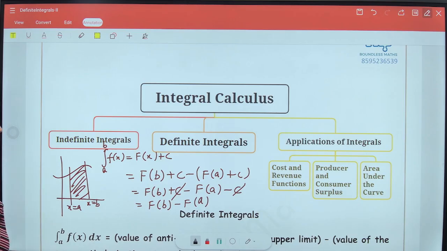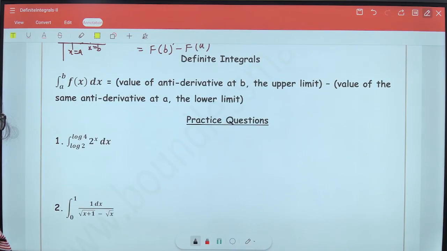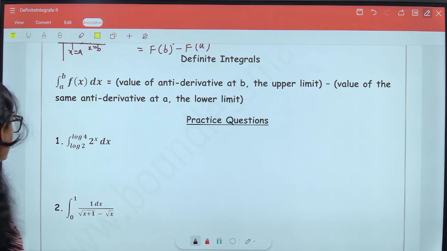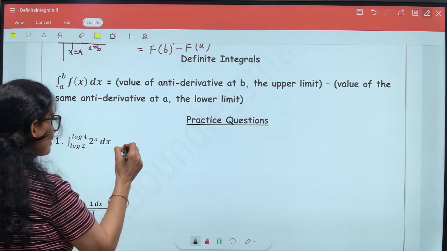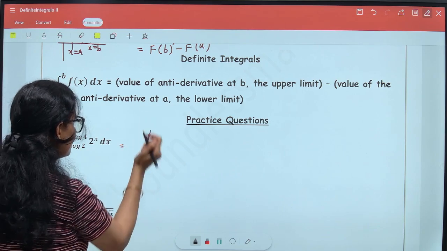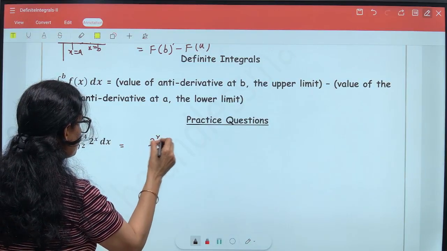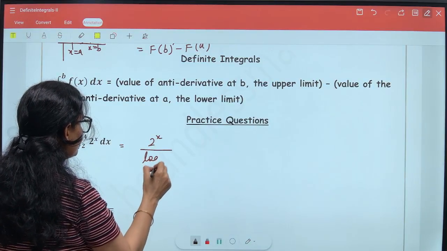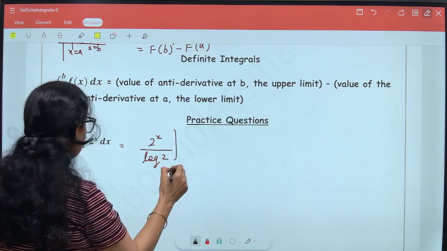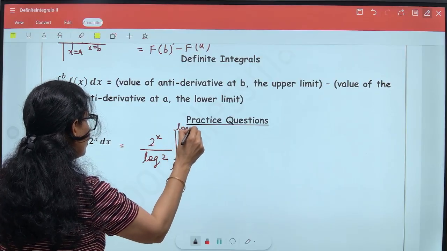So let's have a look at certain questions and how we solve them using definite integrals. For example, the first question is the integral of 2 raised to power x bounded by log 2 and log 4. So what is the integral of 2 raised to power x? We write 2 raised to power x upon log 2, bounded by the lower limit log 2 and upper limit log 4.